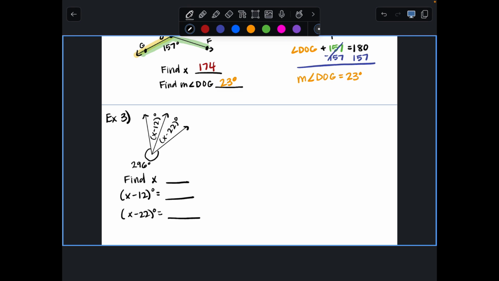So I know that angles around a point all add up to 360. So I can just add all of these and they will total 360.